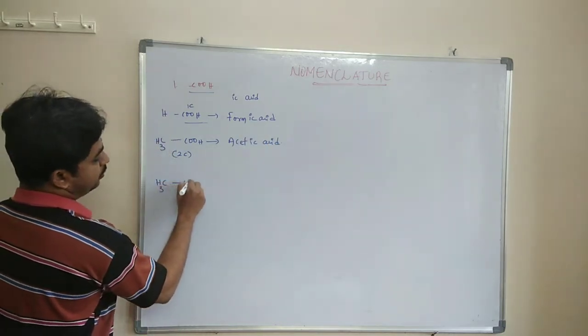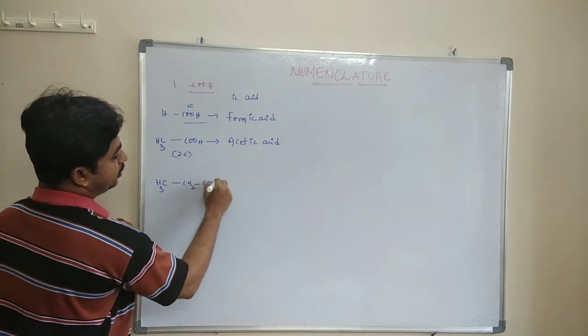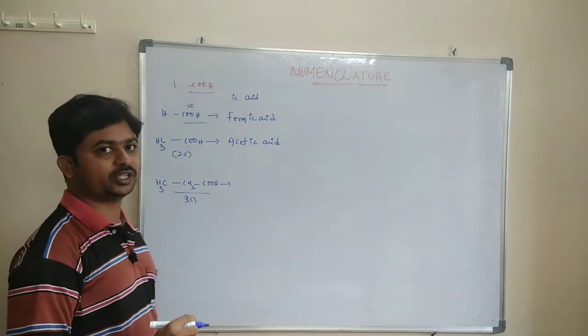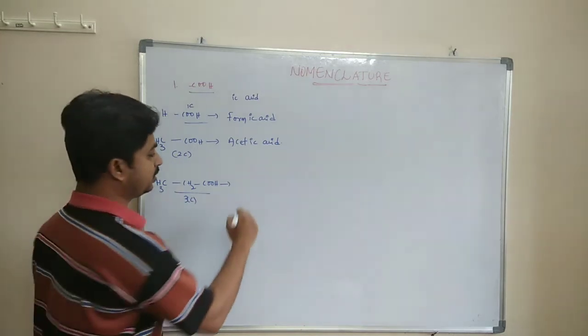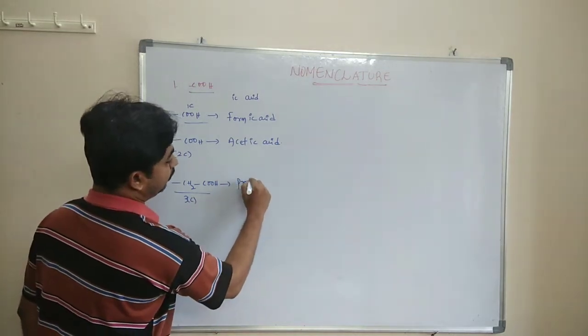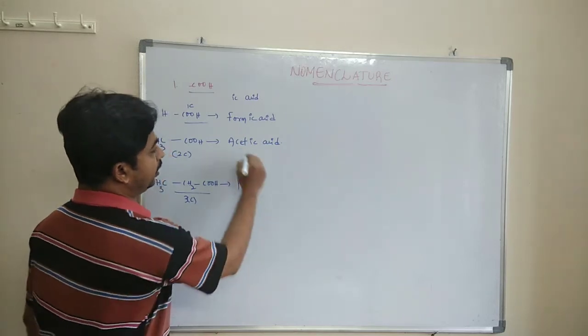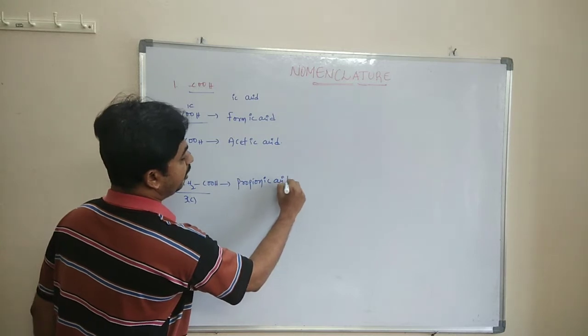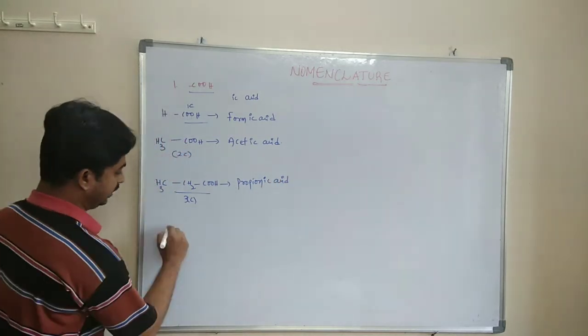CH3CH2COOH has three carbons. If three carbons are there, the word root is propion. The suffix is ic acid, so the name becomes propionic acid.